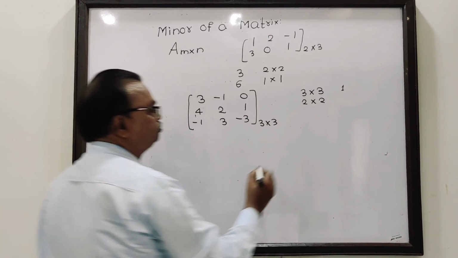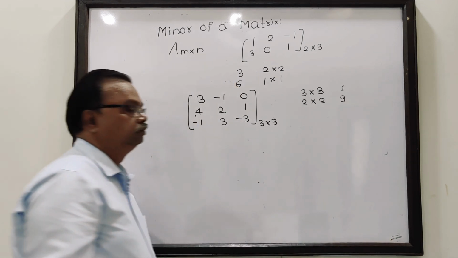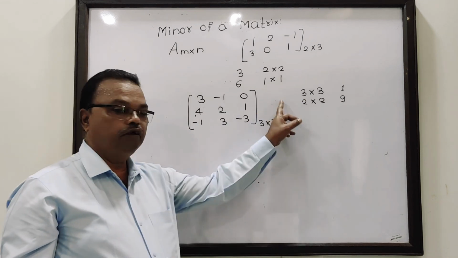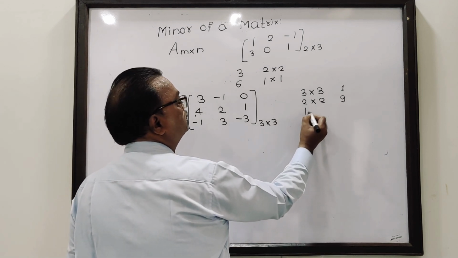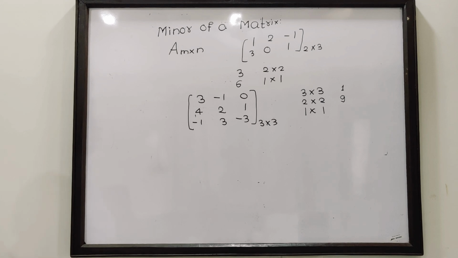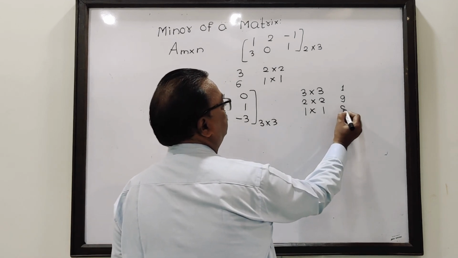So there are 9 minors of order 2 by 2. Then how many subsquare matrices of order 1 by 1? A single element can be regarded as a matrix, so there are 9 matrices of order 1 by 1.